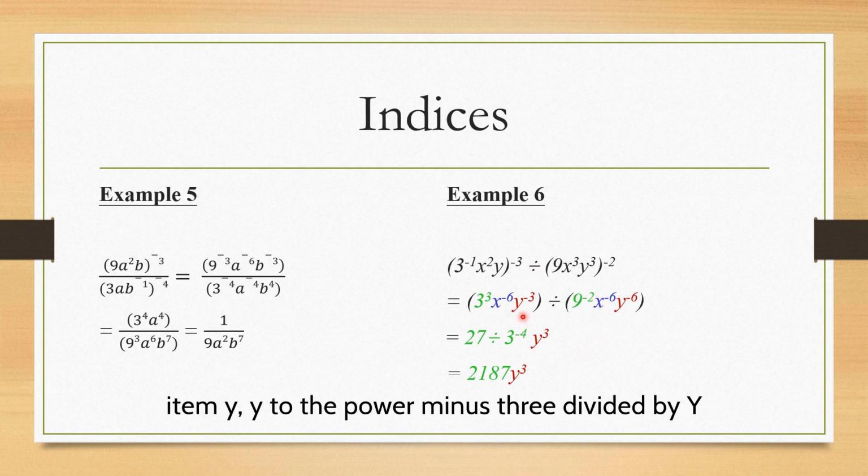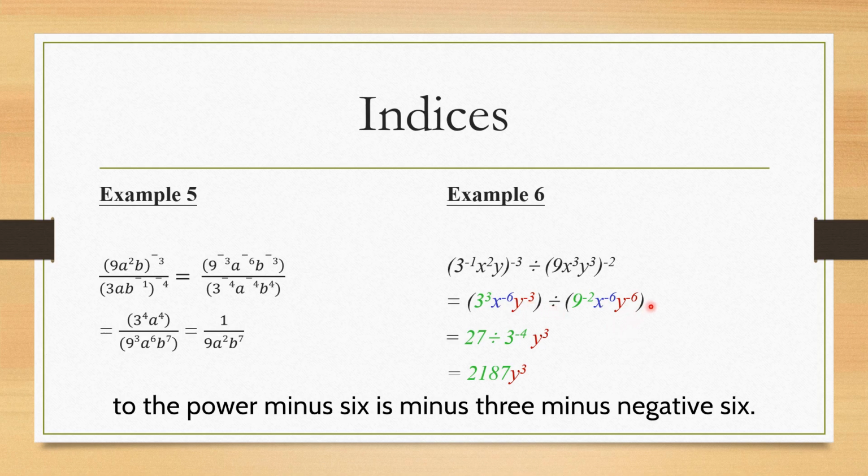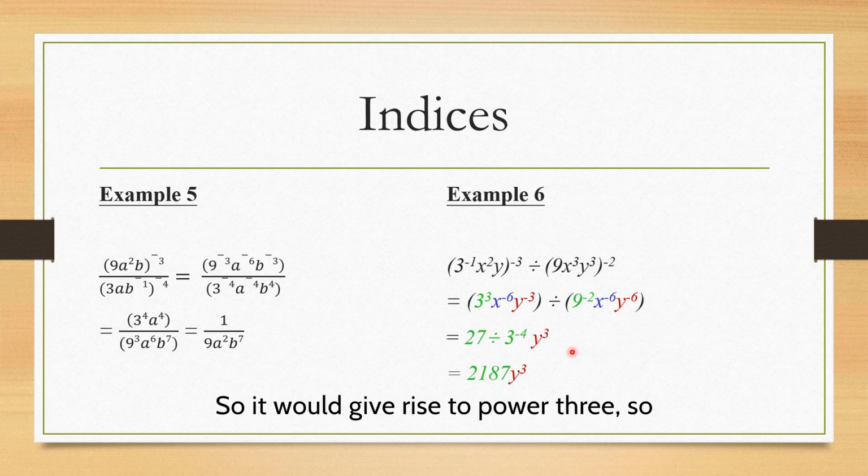And the item y to the power minus 3 divided by y to the power minus 6 is minus 3 minus negative 6. So it will give rise to a power of 3. So it's y to the power 3.